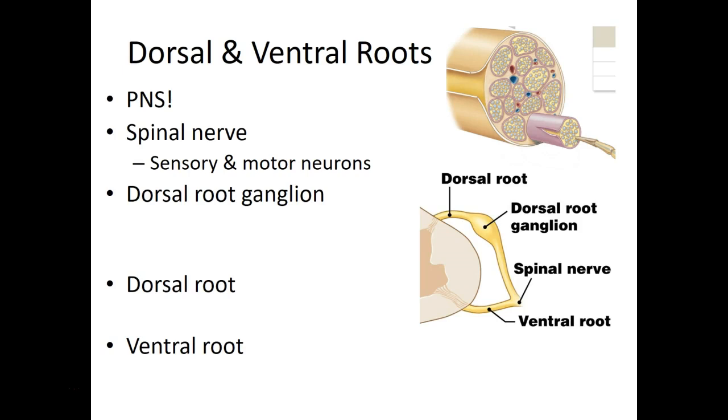Now you'll see another term here, that's called a ganglion. So any type of clustering of communication between neurons, which we're talking about synapses at this point, right? Where information gets passed from one neuron to the next. So that happens at synapses.